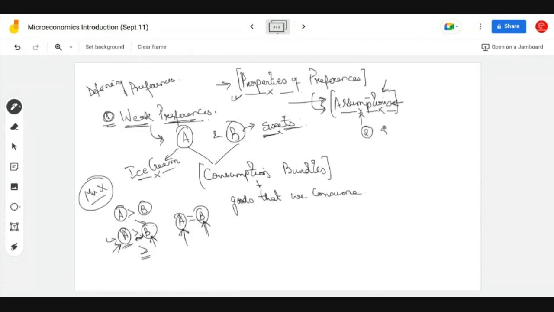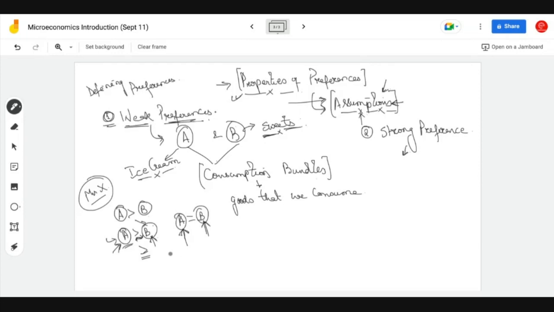So second is your strong preference. In the case of strong preference, what we see is not as good as.